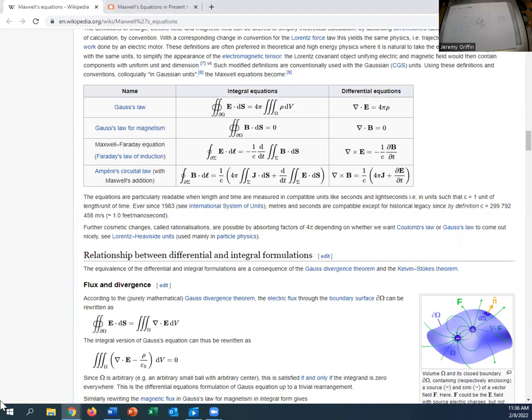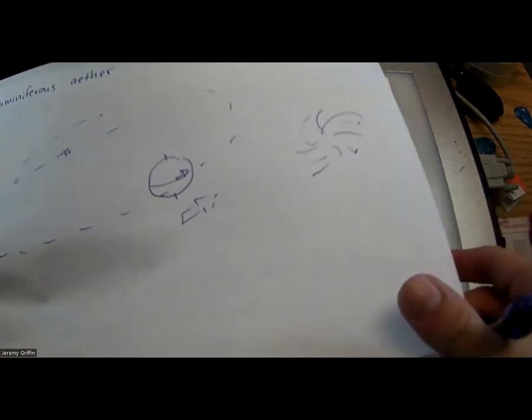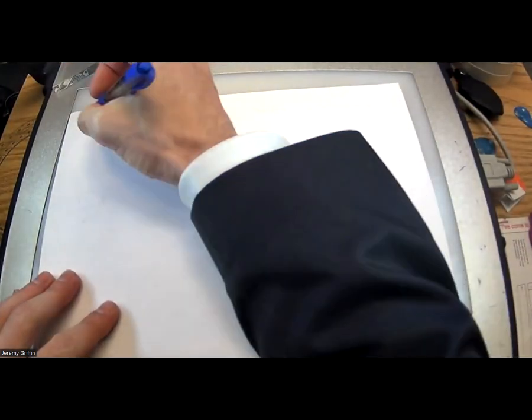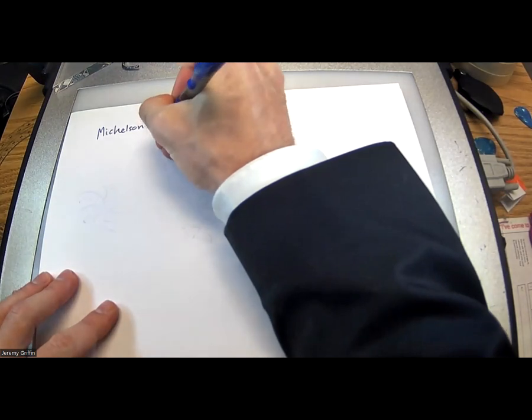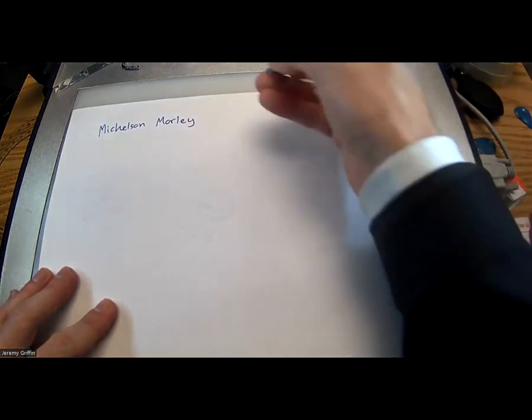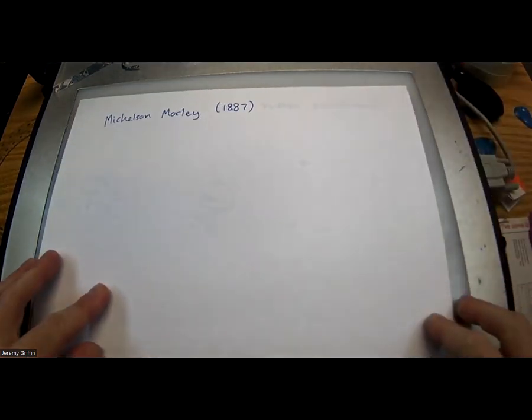So, back to this part of the story. In the 1880s, there was this team of scientists that conducted this really famous experiment called the Michelson-Morley experiment. There were different versions throughout the 1880s, but let's say 1887 is kind of where it all comes to a crux.